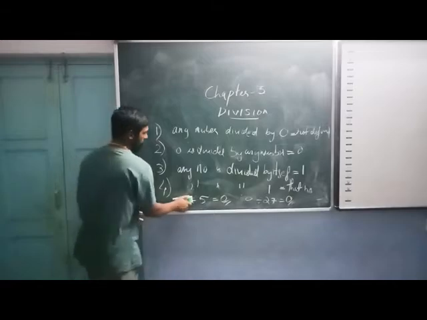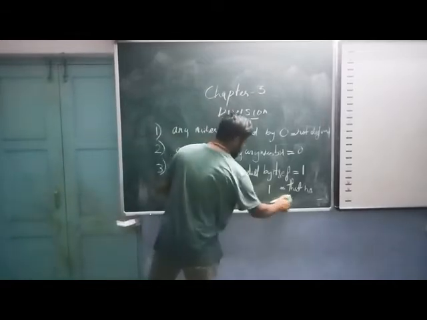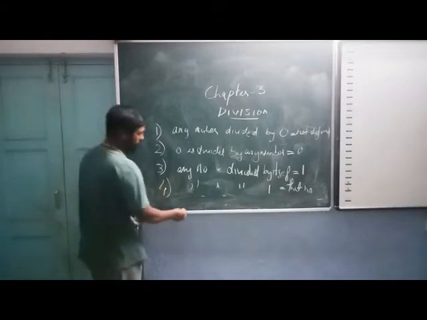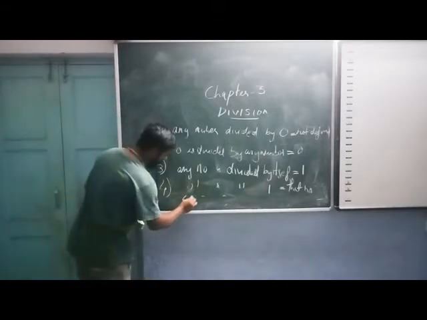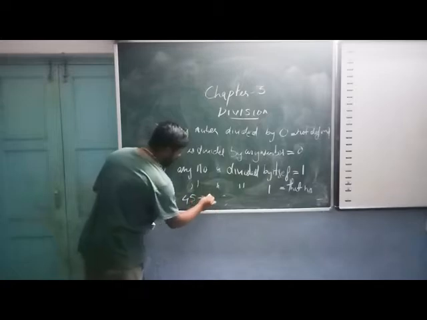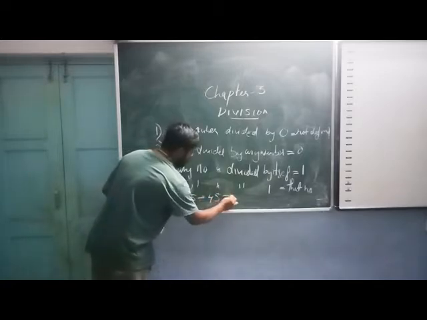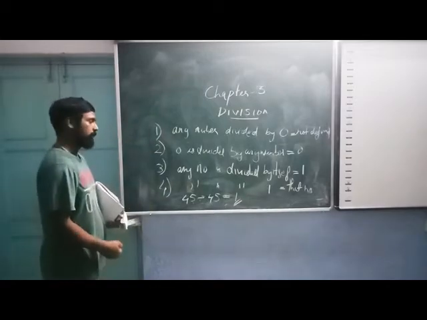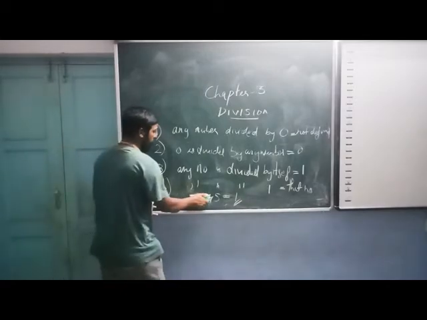The same way, that is the second rule. Or when you take the third rule, if you divide 45 divided by 45, you get 1 as an answer. Okay, these rules we are very much familiar with, right?